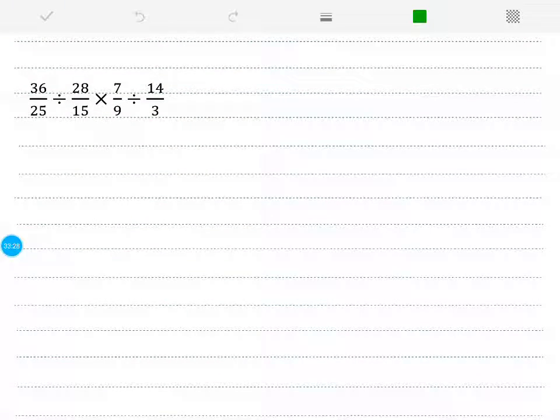Next example: 36 over 25 divided by, and so on. So we change to multiplication first. 36 over 25 times 15 over 28 times 7 over 9 times 3 over 14.